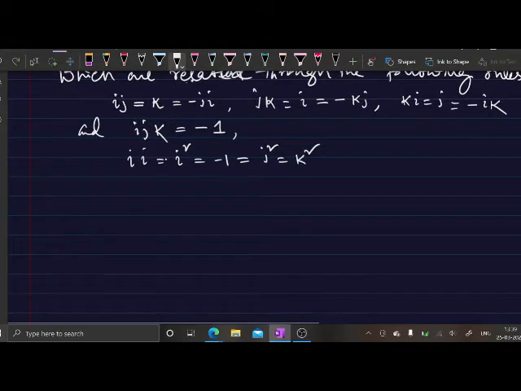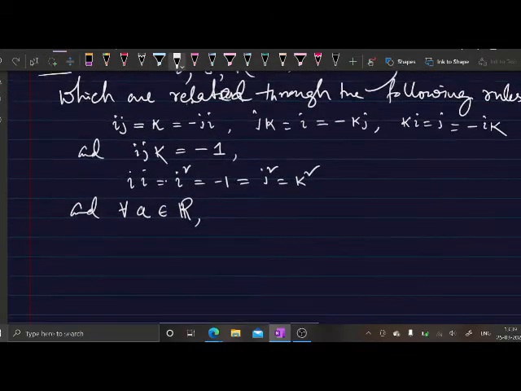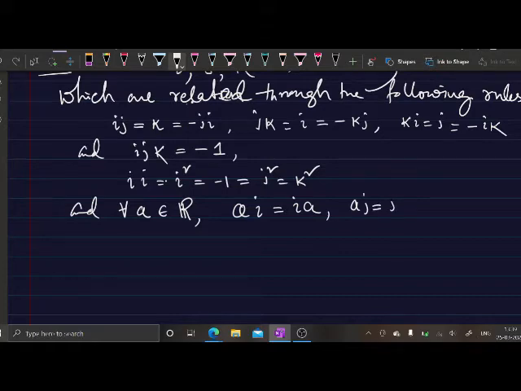And the last one is that if you take any real number, suppose for all a belongs to R, then ai must be equal to ia, aj must be equal to ja, ak must be equal to ka.